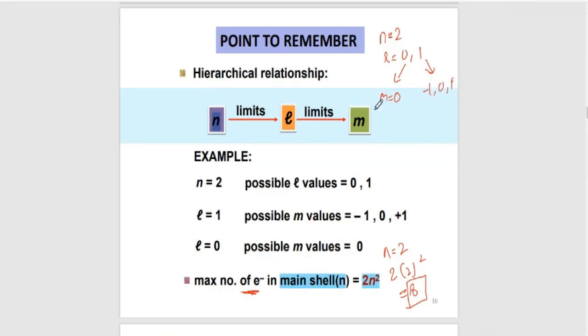So this is the 2s orbital. One orbital holds a maximum of 2 electrons. Then there are 3 orbitals, which are the 2p orbitals. That's why if you sum up, it equals 8 electrons.